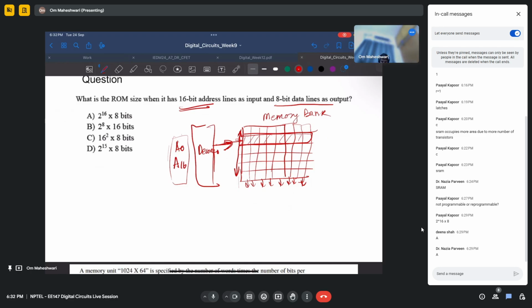For a 16-bit decoder, how many rows can you access? You can access 2 to the power 16 rows. So you will have 2 to the power 16 rows in this memory, and 8 columns, as you have stored 8-bit data in each row. So memory size is 2 to the power 16 cross 8 bits.